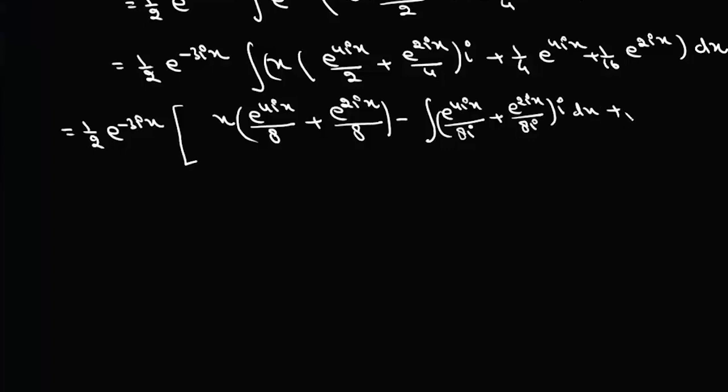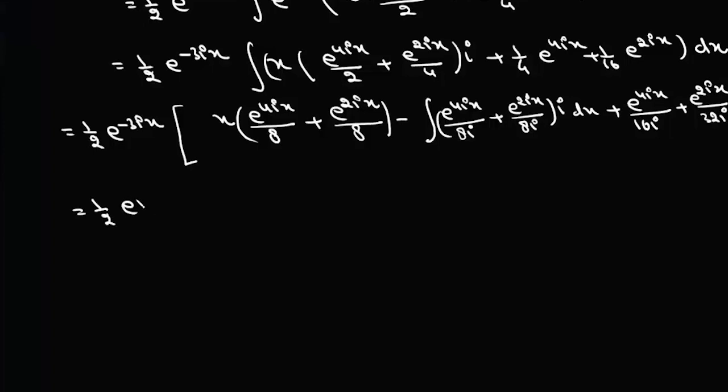and here it is simply e to the power 4 iota x upon 16 iota plus e to the power 2 iota x upon 32 iota.